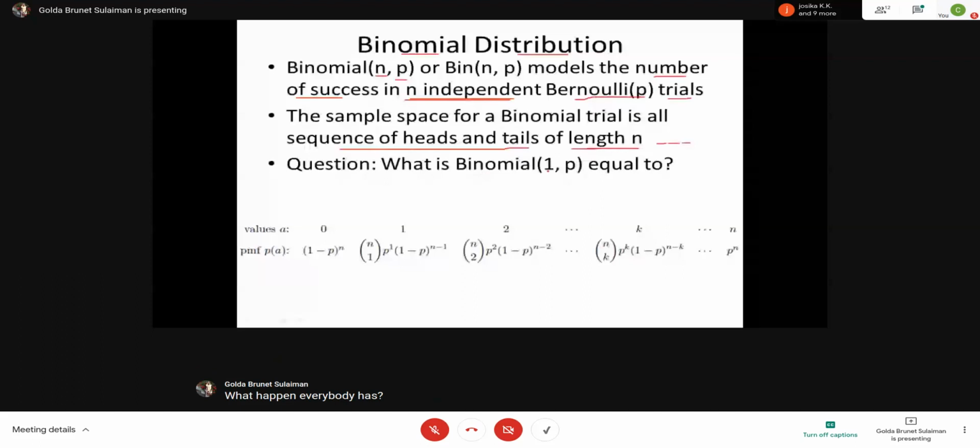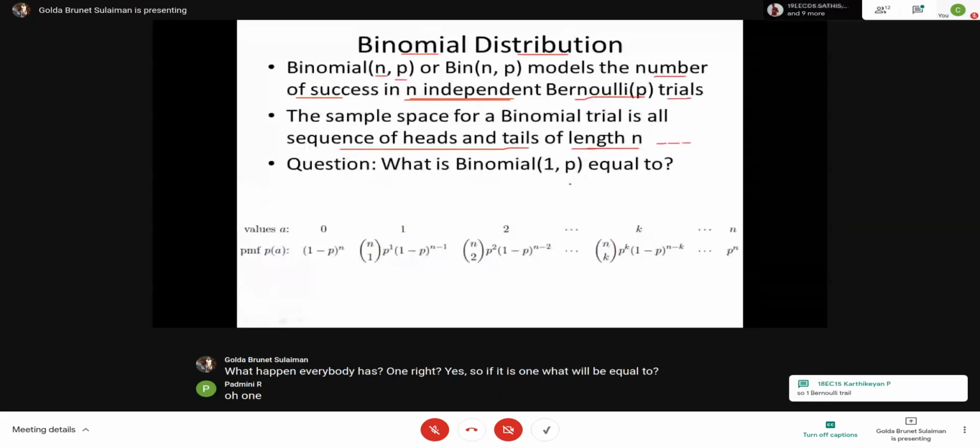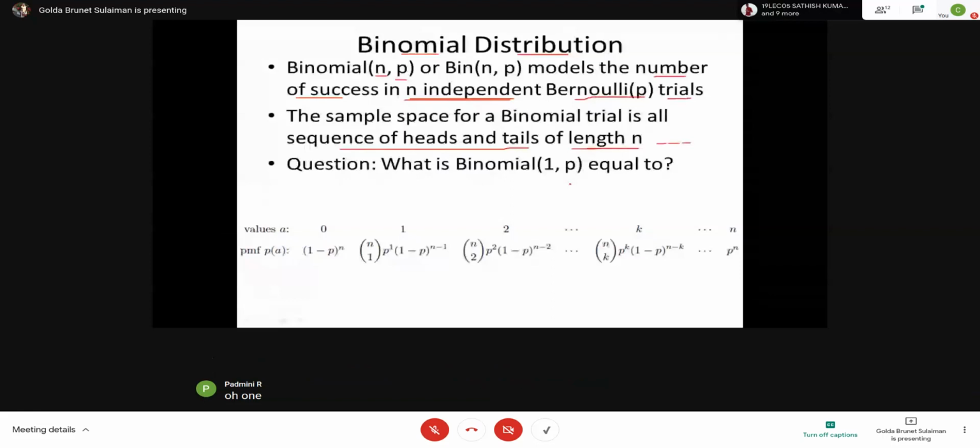So if it is 1, what will be equal to? 1. Instead of n independent trials, I have only one trial. That means what?